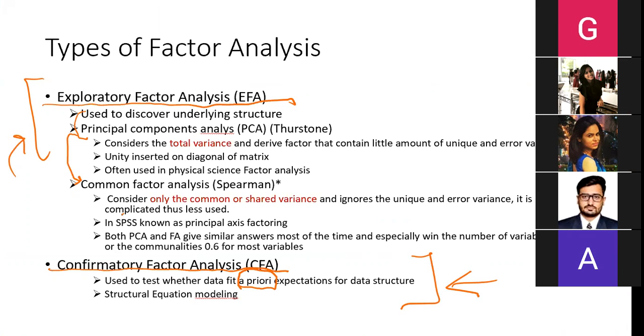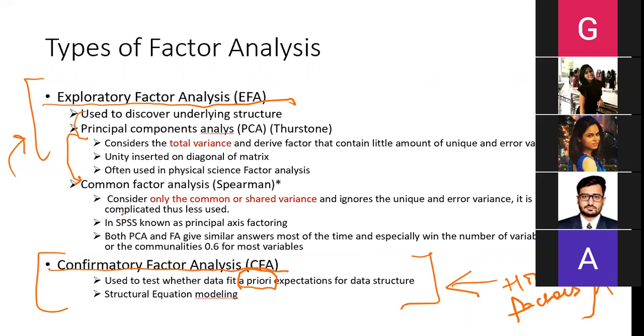Are you able to understand this? Confirmatory and exploratory, what is the difference? Confirmatory is when you already know how many factors you will get. You put in those many factors and then run the analysis. But we are not going to do CFA here.